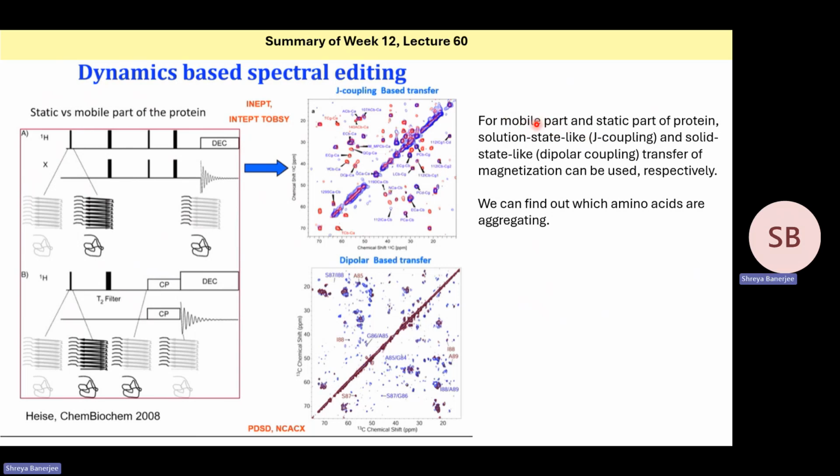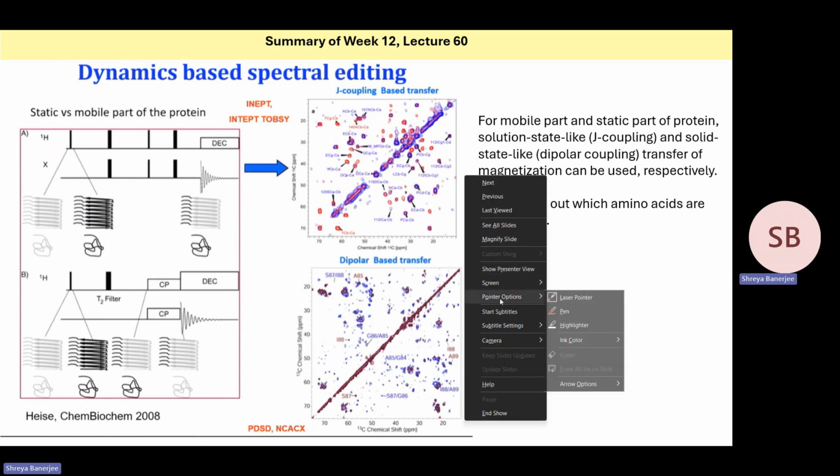For the mobile part of the protein, solution-state NMR can be done, that is J coupling, and for the static part of the protein that has aggregated into some kind of a beta sheet aggregation structure, you can do solid-state NMR, that is dipolar coupling to transfer the magnetization. So basically, you can study the static part of the protein by using these experiments. You can study the mobile part of the protein by using experiments like INEPT or INEPT-TOBSY.